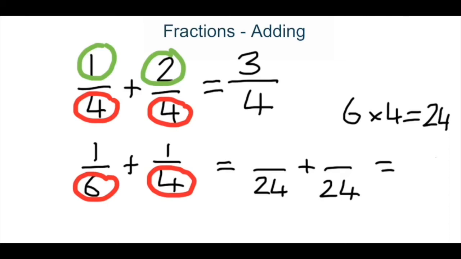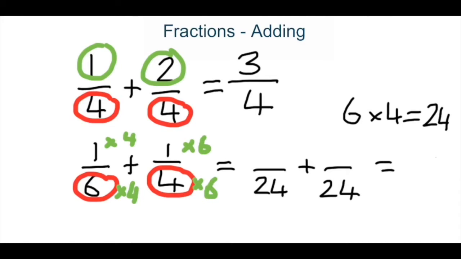And how we get what the whole fraction is, we actually times both our numerator and our denominator by the other number. So here you can see I've times the 1/6 fraction by 4, and I'm going to times the 1/4 fraction, or the quarter fraction, by 6.